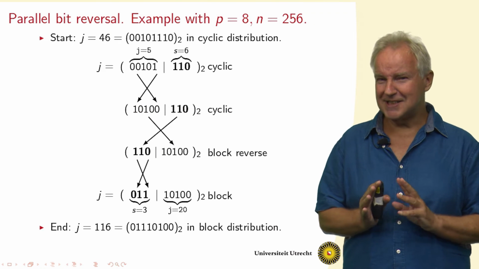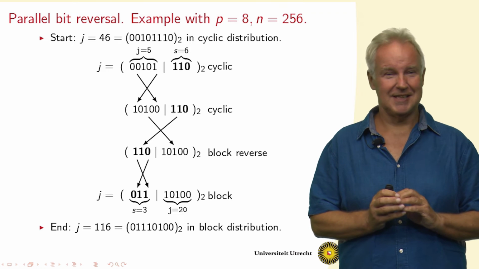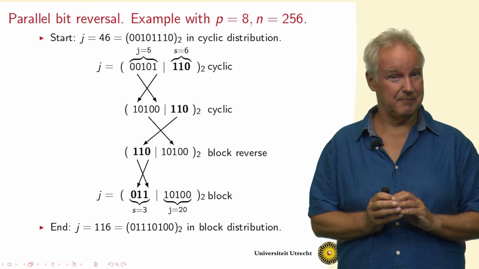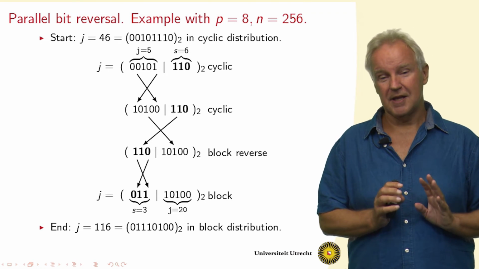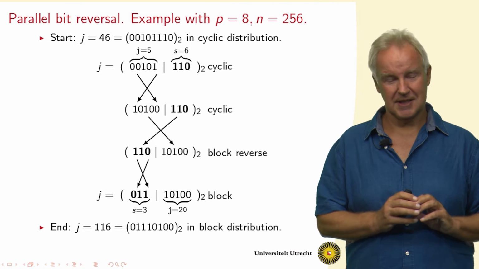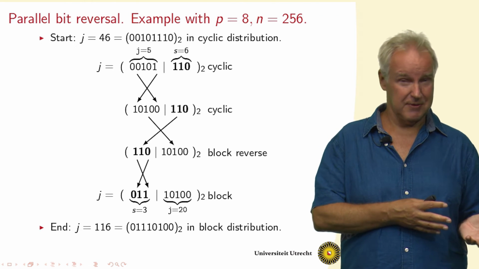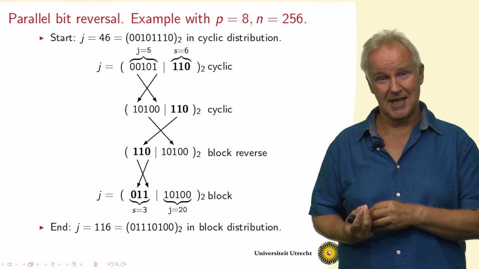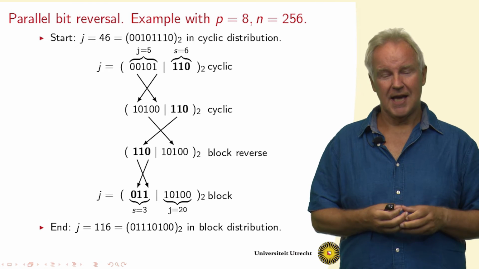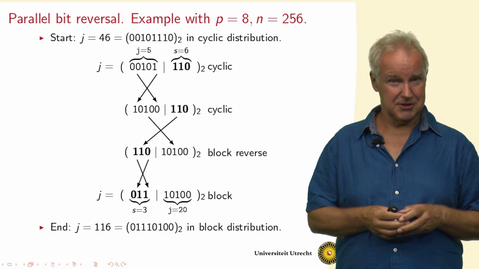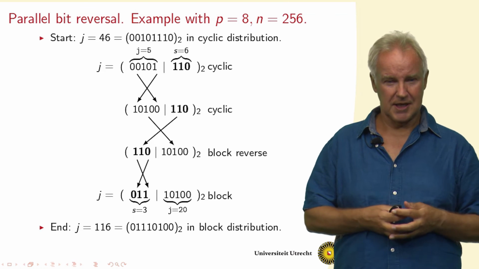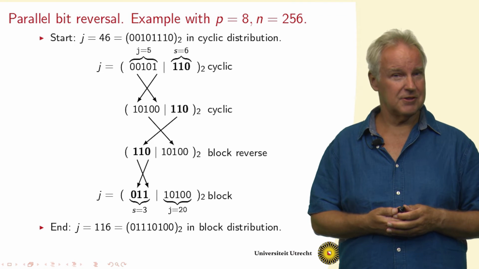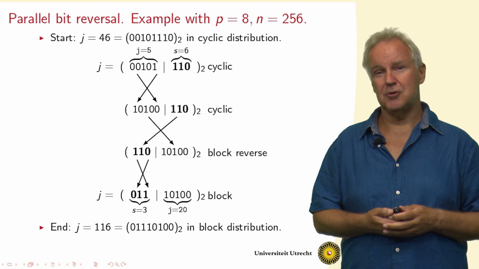That's the whole algorithm. The whole algorithm, not exactly. There's one part that we didn't talk about. That is the bit reversal. So the bit reversal occurs in the sequential algorithm, but also in the parallel algorithm. And the example that I show here is for 8 processors, and n is 256.